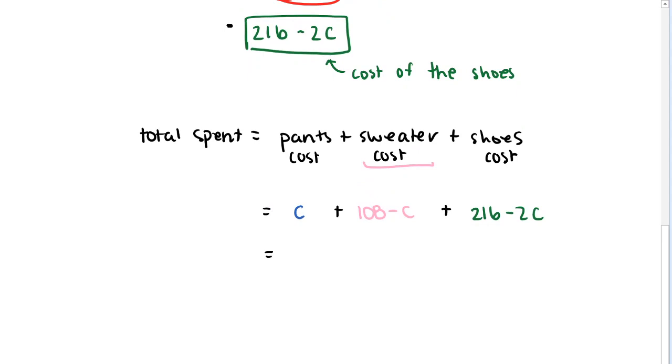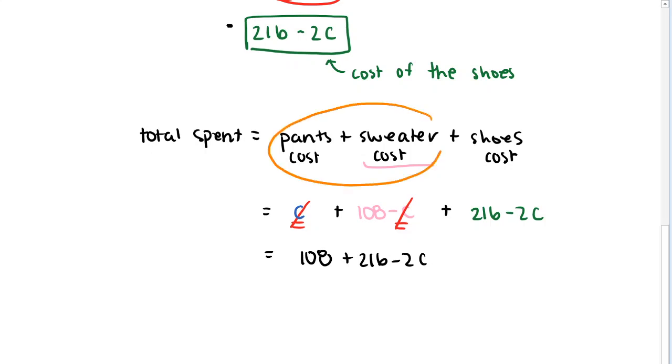And here, when we combine some like terms, namely this C and this minus 2C, those really cancel out. And we're just left with 108 there, plus 216 minus 2C. And that should make sense, right? Because we said earlier that the cost of the pants and the sweater together comes out to be $108.